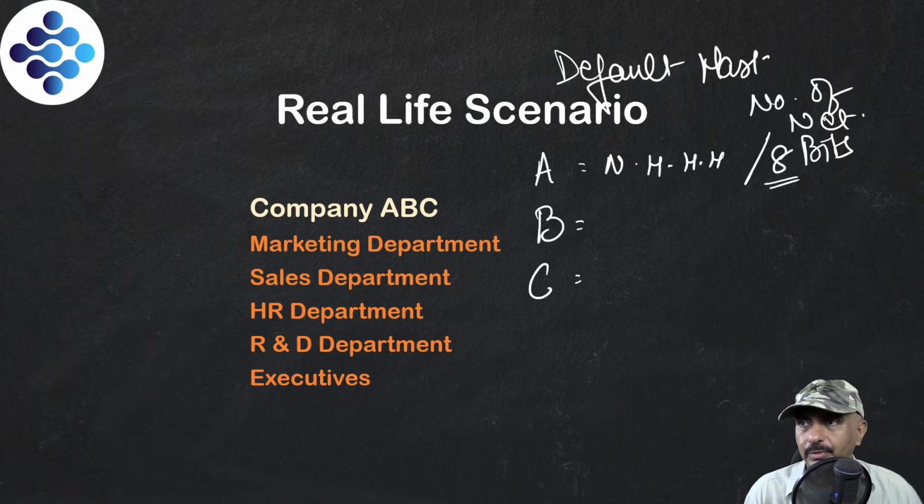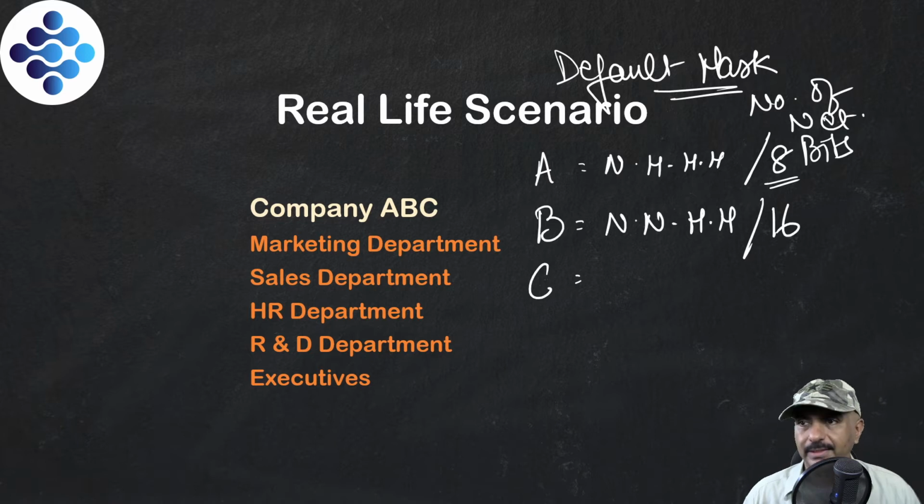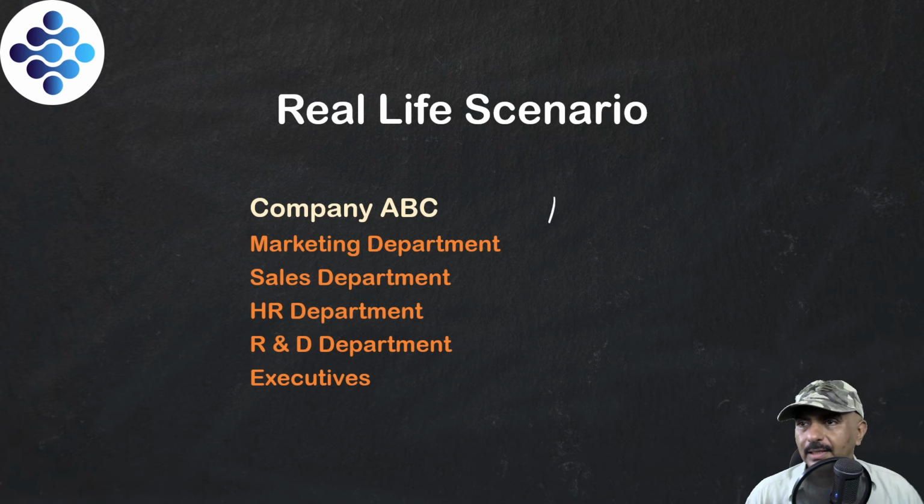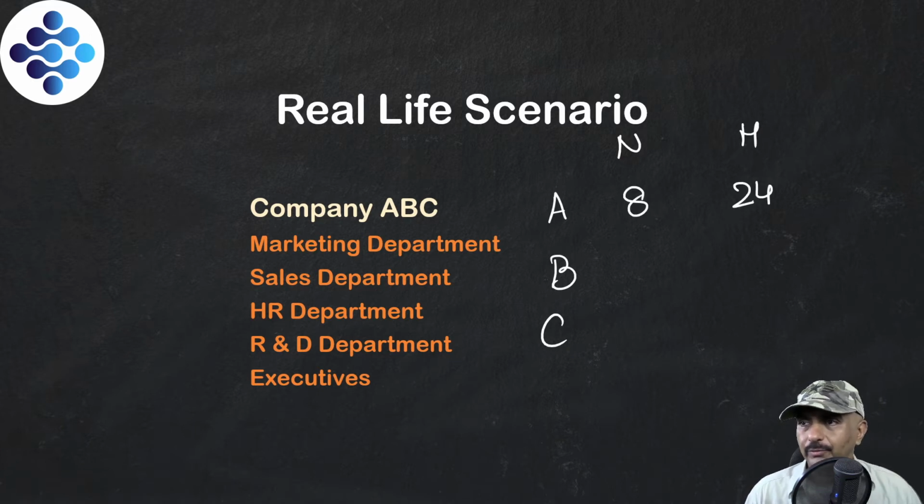In case of class B, it was network, network, host, host, giving us /16. And over here network, network, network and host, and this was giving us /24. So in class A, class B and class C, the number of network bits is 8, 16 and 24, and the host bits are 24, 16 and 8.